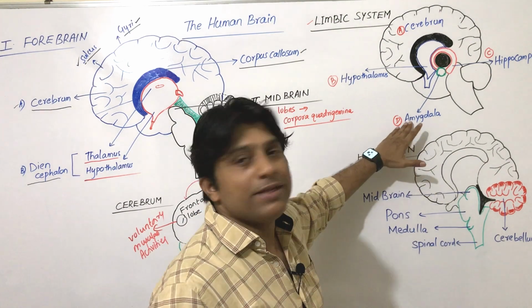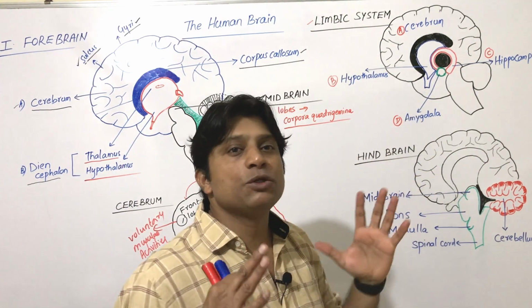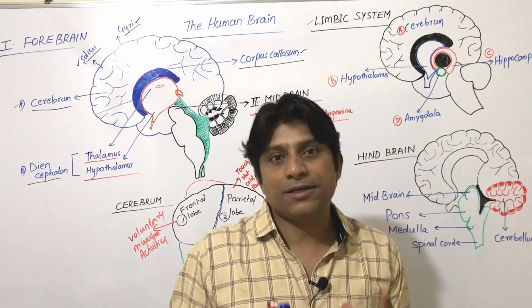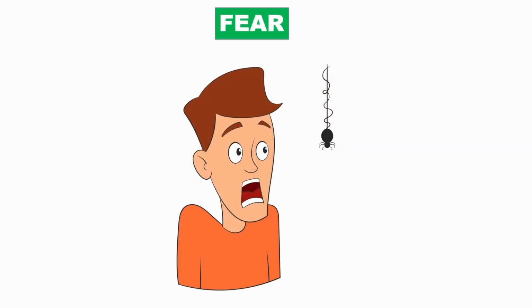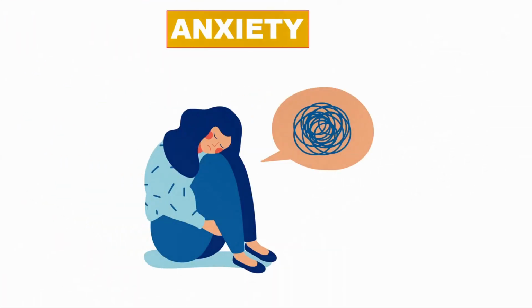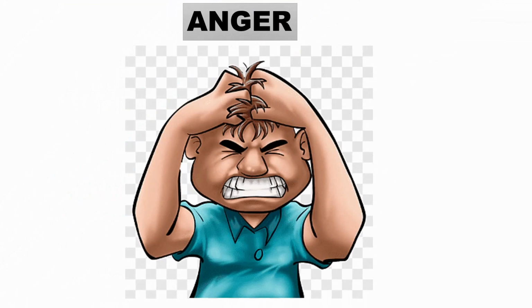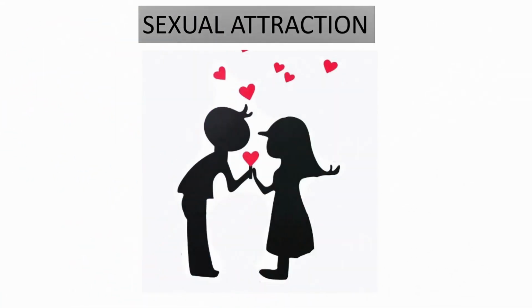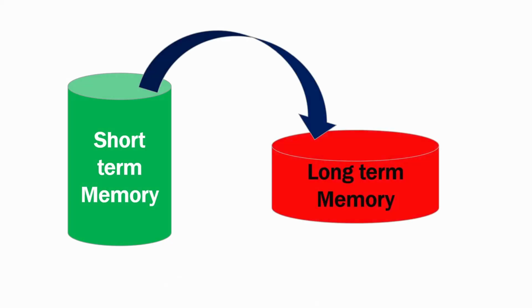Like your amygdala, it has centers for fear, anxiety, anger, sexual attraction, all are under the control of amygdala. Hippocampus is principally involved in controlling the memory. It is responsible for converting your short-term to long-term memory.